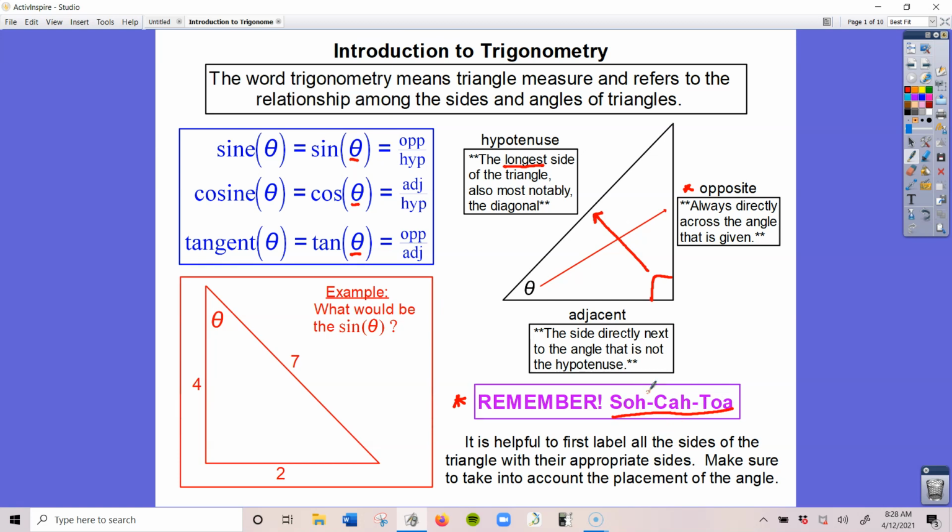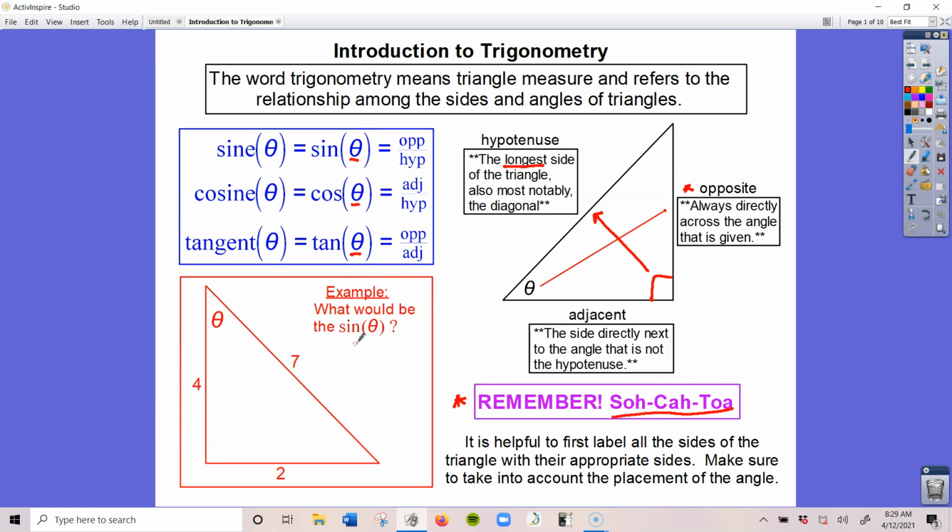You can just say it quickly. S stands for sine, OH, opposite over hypotenuse, C for cosine, adjacent over hypotenuse, T for tangent, opposite over adjacent. So sometimes you may find it helpful when you're trying to find these trigonometric ratios to write this at the top of your paper and use it as a reference.